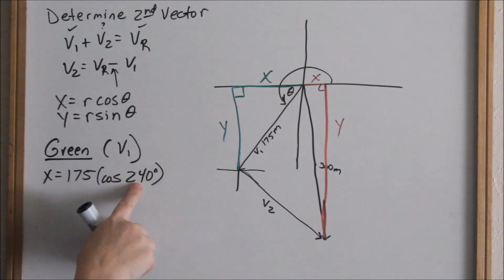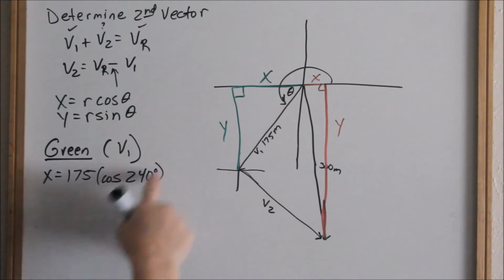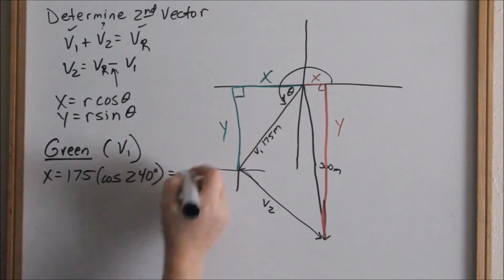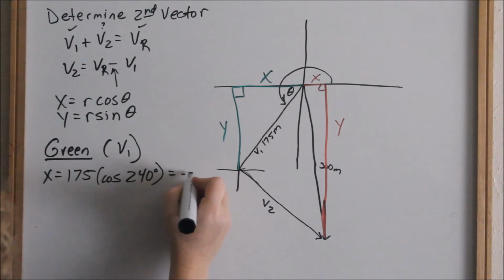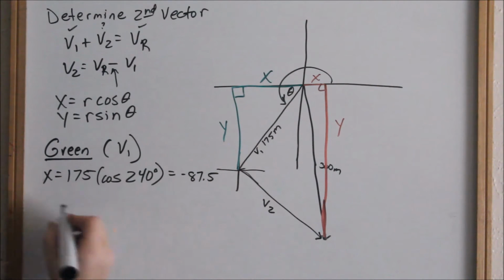Okay, if you use the 240, then your calculator will already tell you that that x is going to be a negative value. If you use just the reference angle in the triangle, you need to put a negative sign on there. Okay, so I'm just going to go ahead and use 240, so that comes out to negative 87.5.